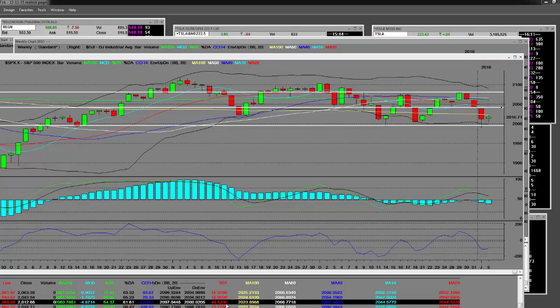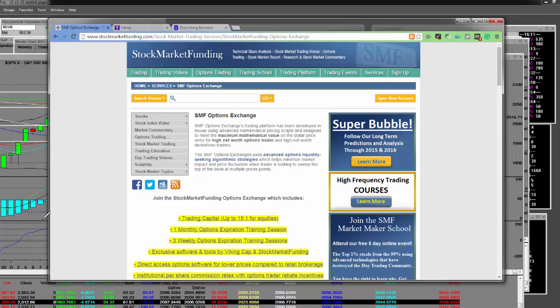So basically, the S&P 500 is in total jeopardy. It has violated all the daily simple moving averages, and has hit and landed at that crucial support level. We are talking about the calendar 2016. We called this the super bubble.